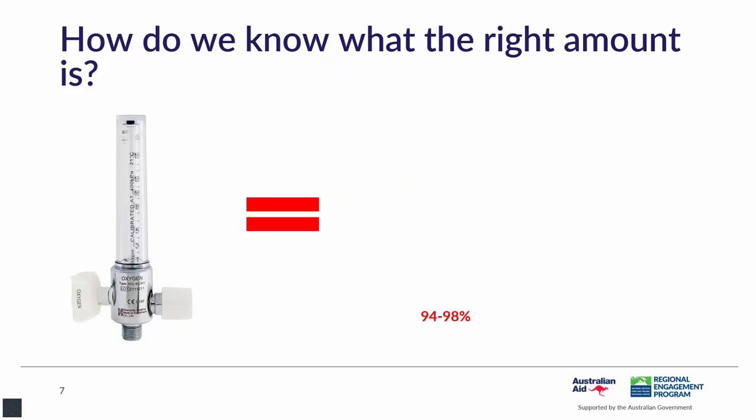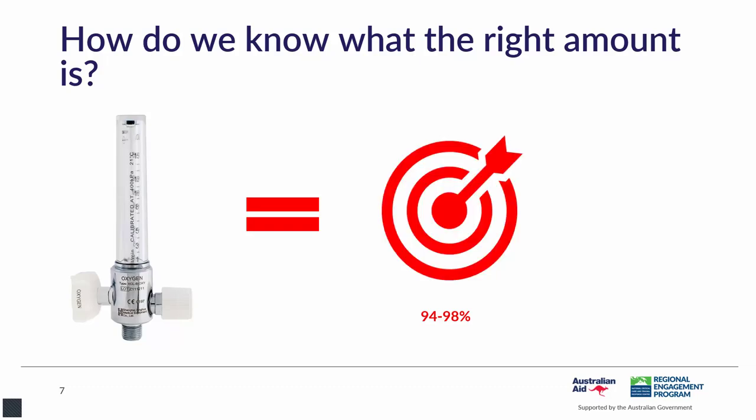If we aim for SpO2 levels between 94 to 98%, we can pretty much guarantee that our patients are getting an adequate amount of oxygen that is not detrimental to them.